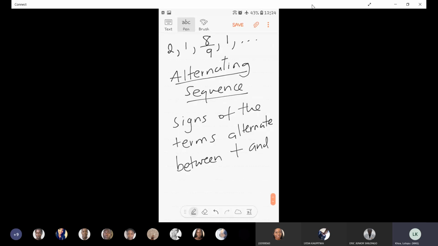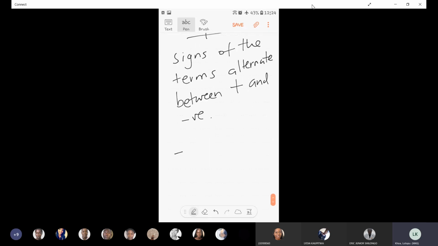Positive and negative. So a sequence like -1, -3, 4, -5, 6, and so on. This is what we call an alternating sequence. What is alternating is the signs of the terms.